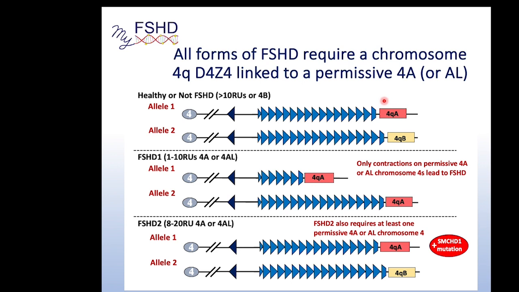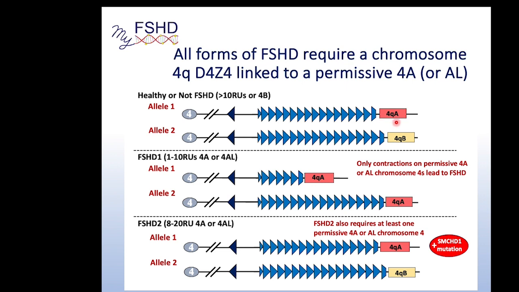But you don't have FSHD. So it is not pathogenic. Having 4QA or AL, having this polyadenylation site, does not cause FSHD or lead to FSHD. You need other events to happen, but it's required for FSHD.